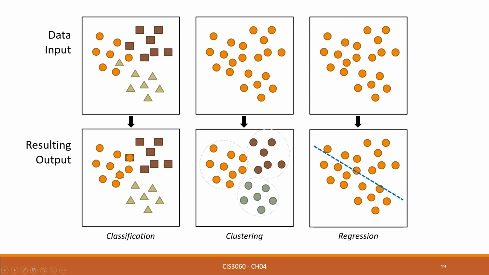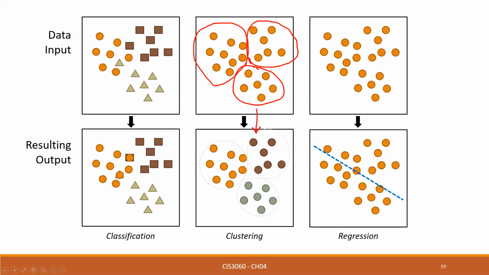Now, in the upper middle, we have a set of data, and if you notice, this particular data doesn't have any specific shapes, but it does have the same locations as the data to the left. In a clustering algorithm, the algorithm will start to separate data and say this belongs to a cluster, this belongs to a cluster, and this belongs to a cluster.